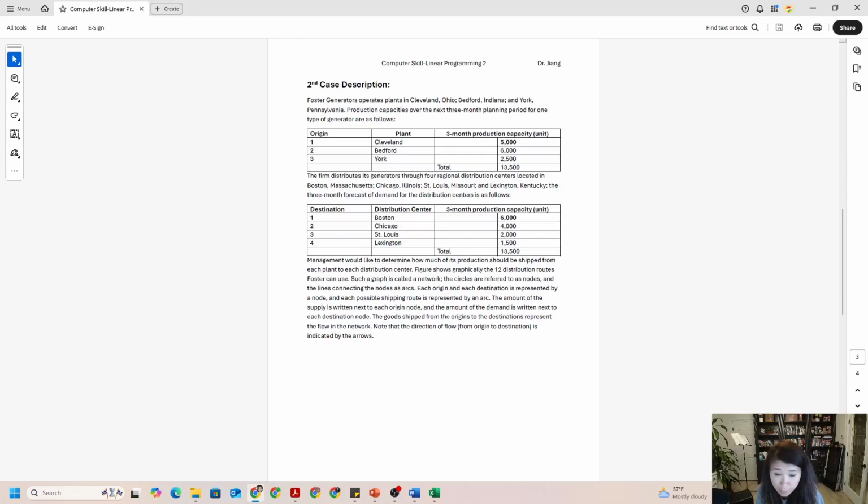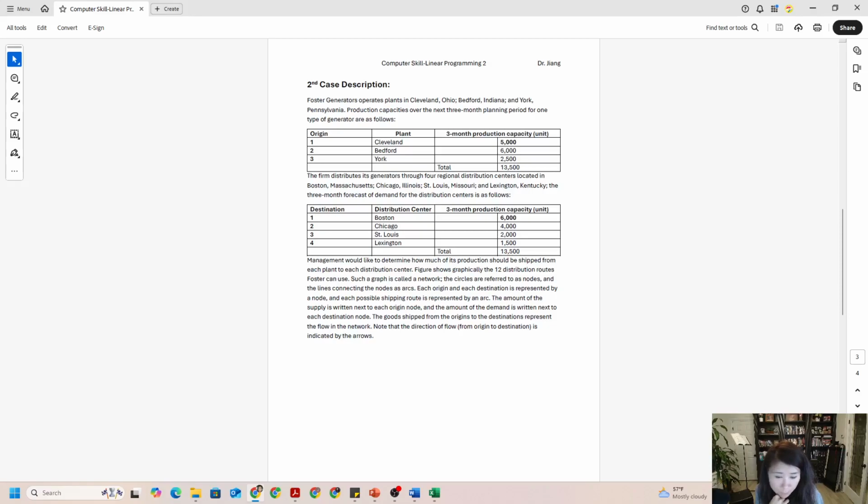So you see that ideally you produce where you need it, but unfortunately that's not the case. We try to specialize, so we usually produce things at a place where it has low cost. For instance, Boston needs 6,000, and although Pennsylvania might be the closest state, York is only producing 2,500.